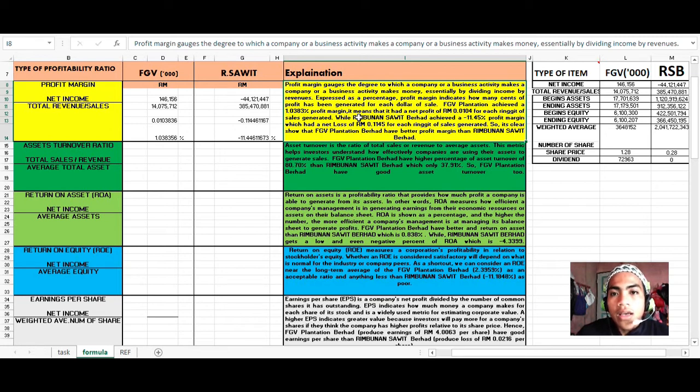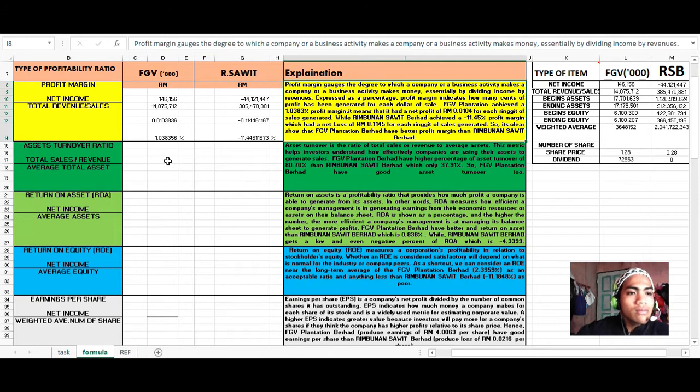It means it had a net profit of RM 0.01 for its ringgit of sales generated, while RIMBUNAN SAWIT BERHAD achieved a negative 11% profit margin, which is a net loss of RM 0.11 for its ringgit of sales generated. So it clearly shows that FGB Plantation has a better profit margin than RIMBUNAN SAWIT.